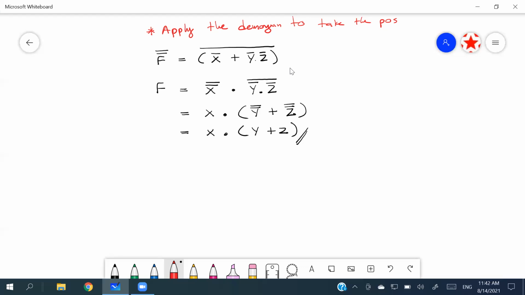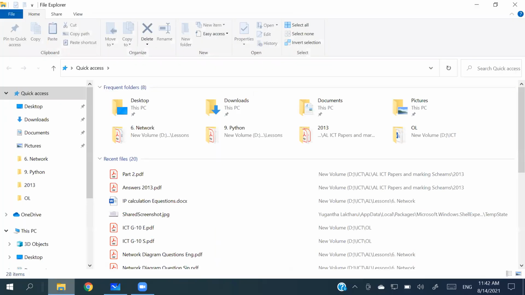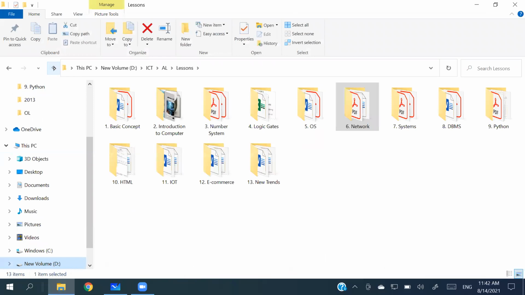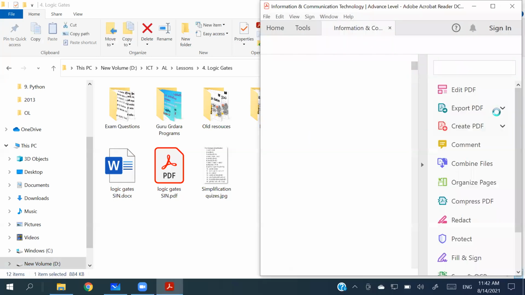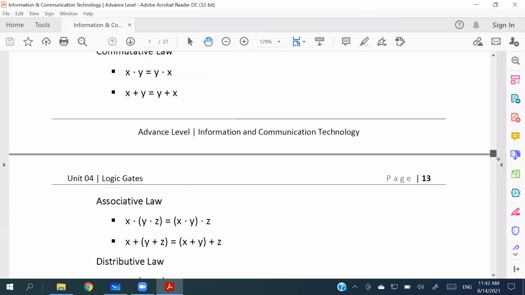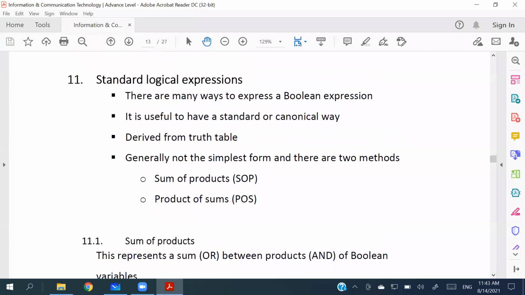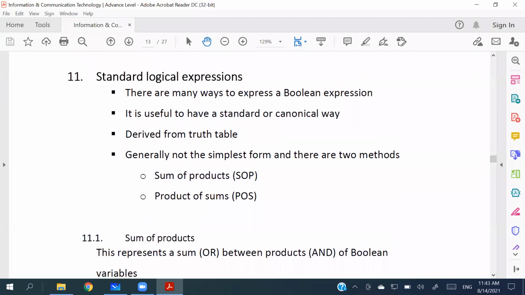I'm going to move to your note over here, right? Instead of going through the whiteboard, just a second, let me take your note. Yeah, so in your note, this is the place, over here on page number 14, right?